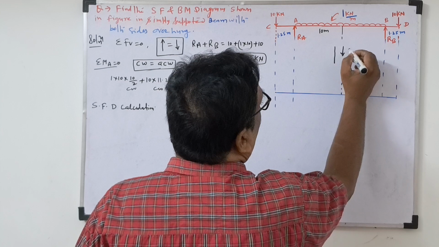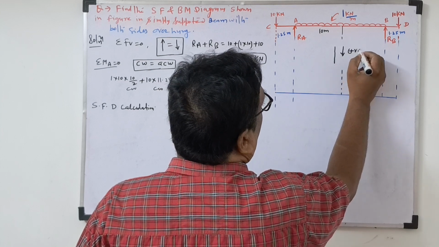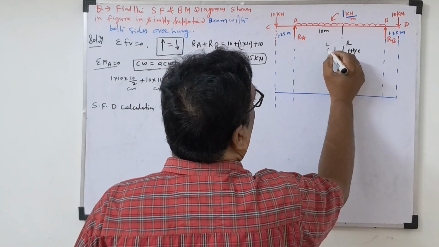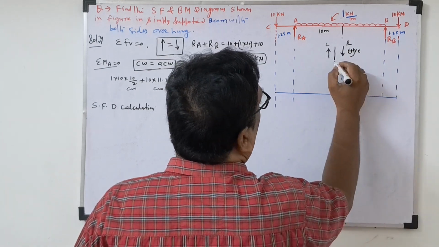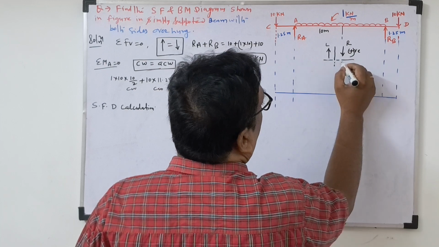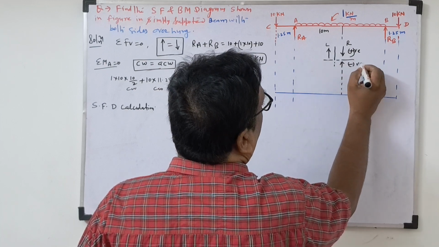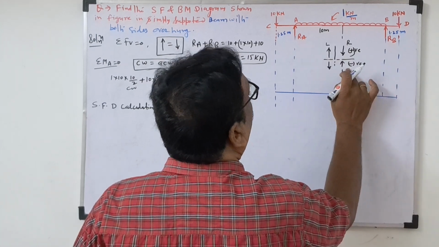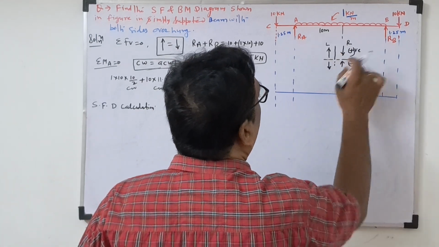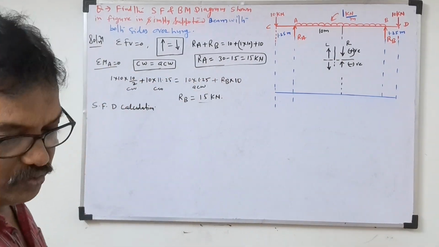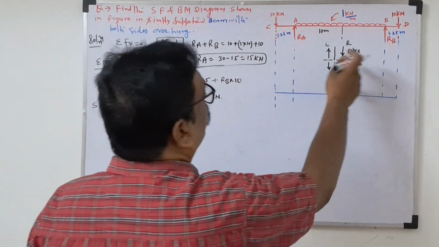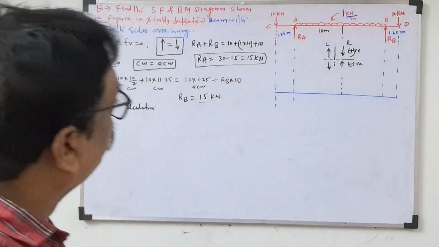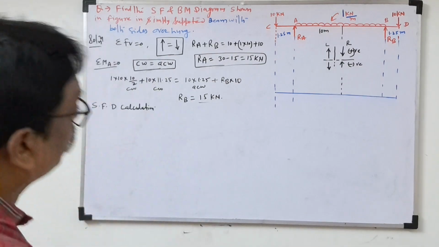On the right side, downward force is positive; on the left side, upward force is positive. On the right side, upward force is negative, and on the left side, downward force is negative. This is the sign convention for the shear force diagram. Sign conventions are our own ways only, so I assume downward force on the right is positive.